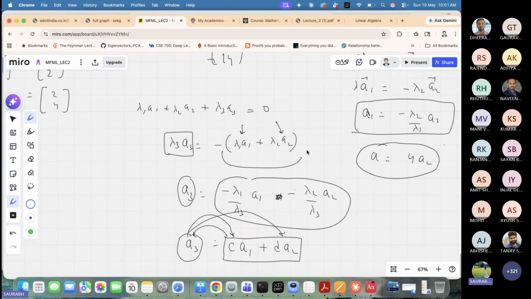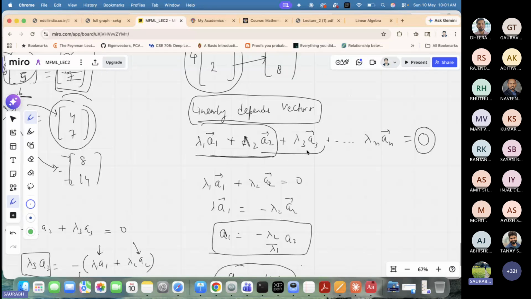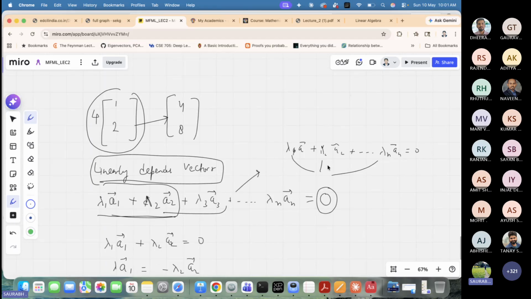So the way to express linearly dependent vectors is this: lambda 1 a1 plus lambda 2 a2 plus, and so on, lambda n an is equal to 0. Now this is the interesting thing: if you have a way of combining them, with not all lambdas being 0, such that they add up to 0, it means they are linearly dependent.